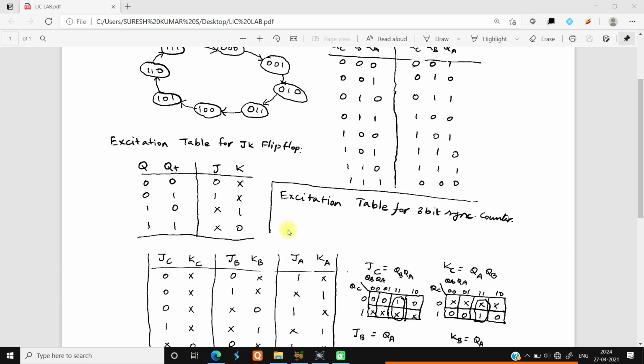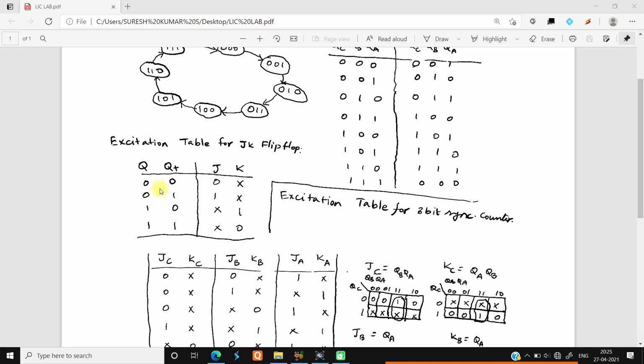As we know the working of the JK flip-flop, if we give 1 for J, the flip-flop output will be 1, and if we give 1 for K, the output will be 0. By that logic, if Q is 0 and the next state is 0, then J is surely 0, because K can be either 0 or 1. So we can make a cross mark here.